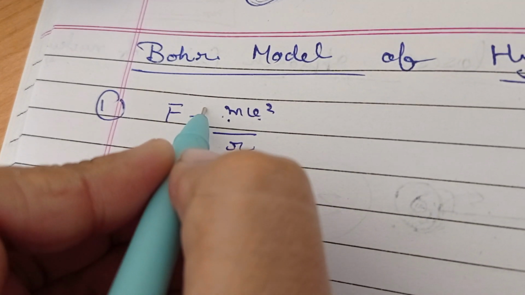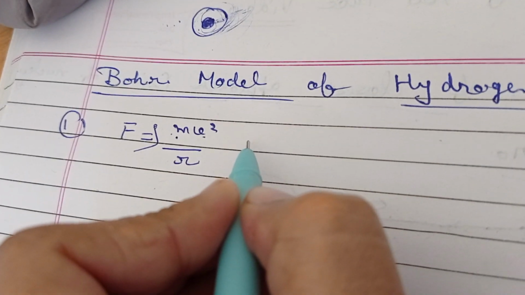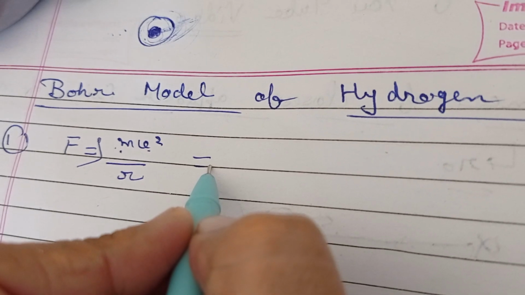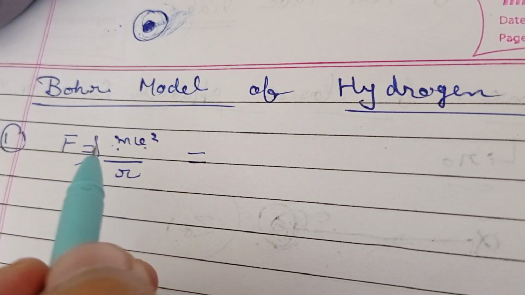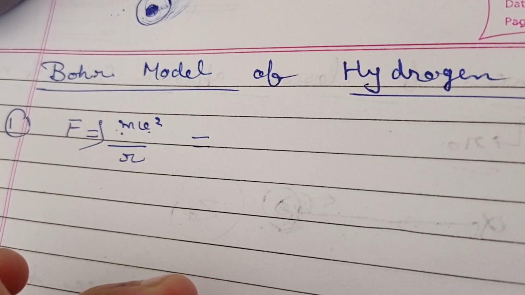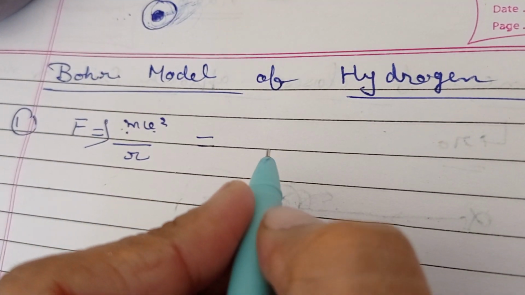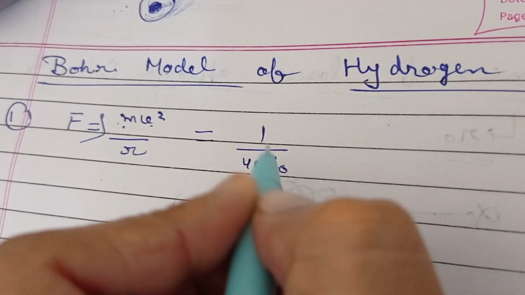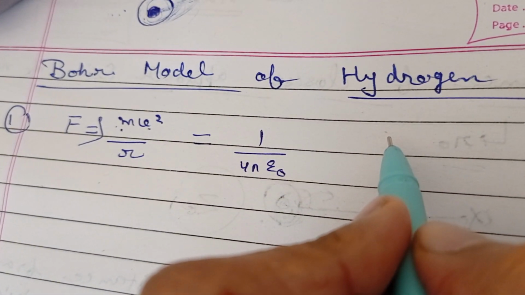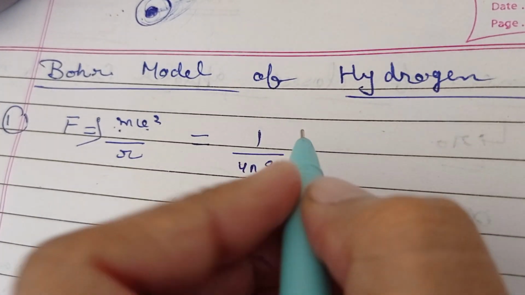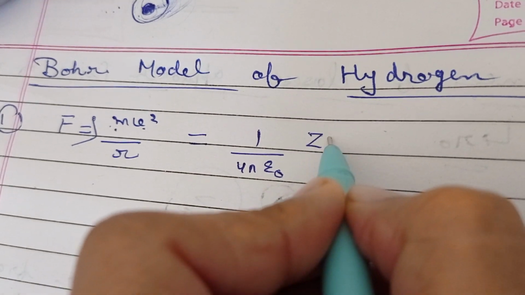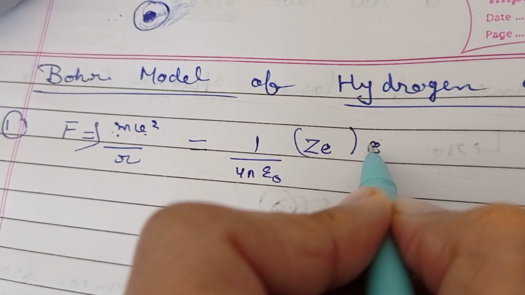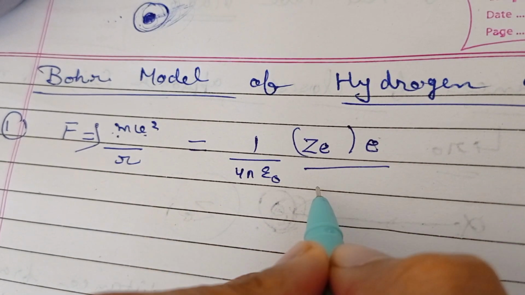Since this force is provided by the force of attraction between the nucleus and the electron, what is the expression for the force? According to Coulomb's law of force, the expression will be 1/(4πε₀) times the product of the charges: first the positive charge on the nucleus, second the charge on the electron, divided by the square of the distance.